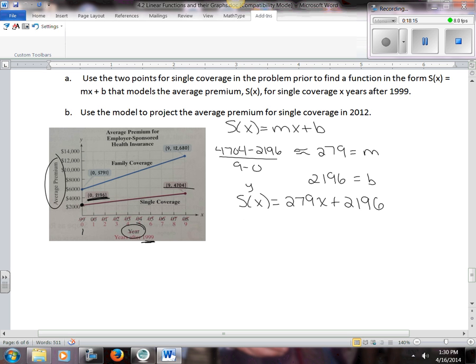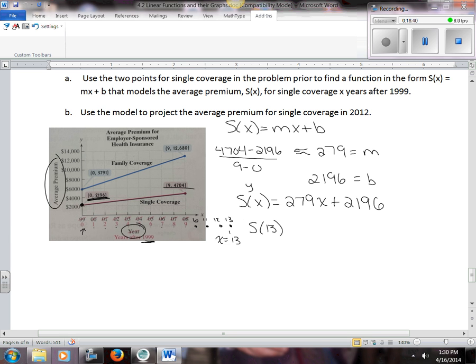Here's 1999, that's 0. 2000, 1, 2, 3, 4, 5, 6, 7, 8, 9, 10, 11, 12, 13. So x equals 13. 13 years past 1999 is going to give you 2012.